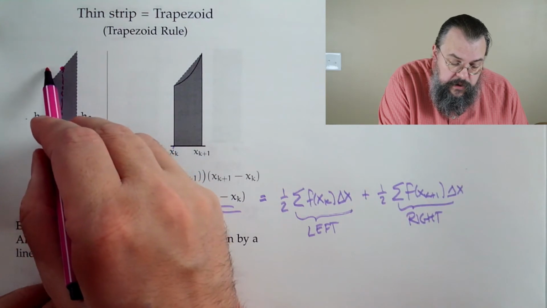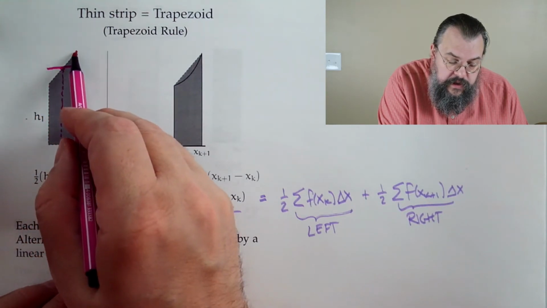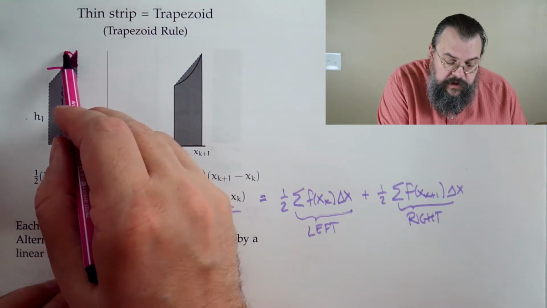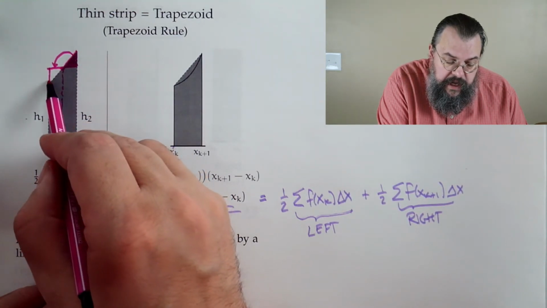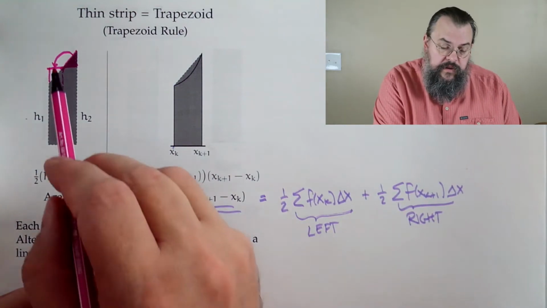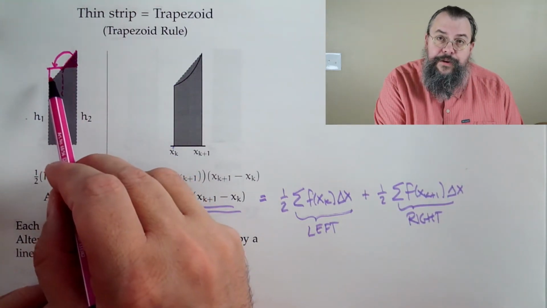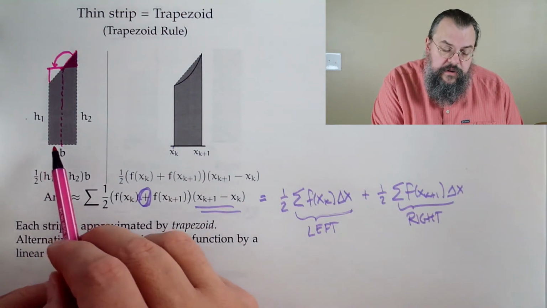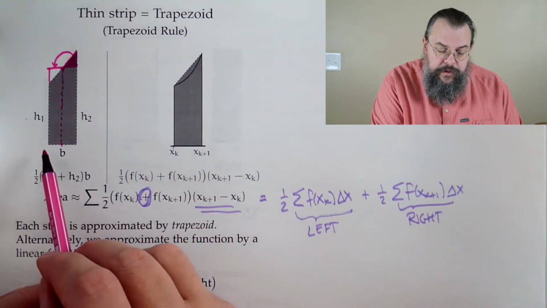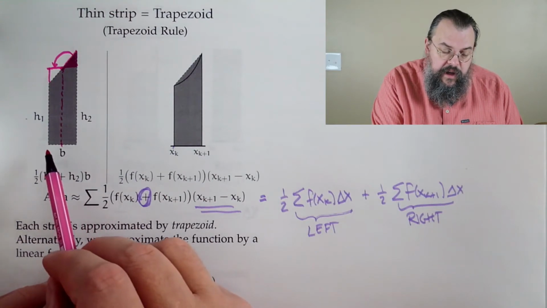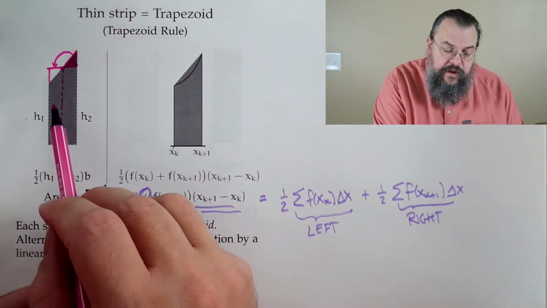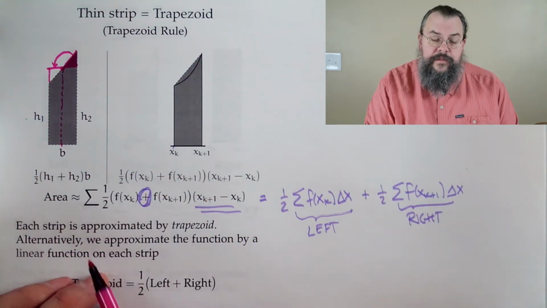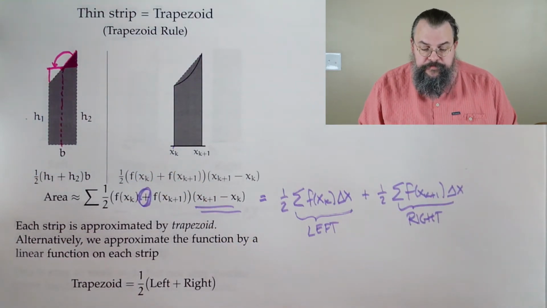And now we'll say this triangle part right here, you can flip it over and it exactly fills that hole. And now we say, okay, so it's a rectangle. The base is still the base. And now, what's the height of the rectangle? Well, it's the average of the two heights. So that's where you get the 1/2 h1 plus h2.